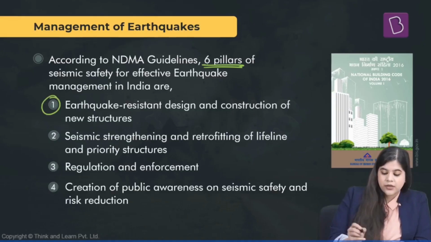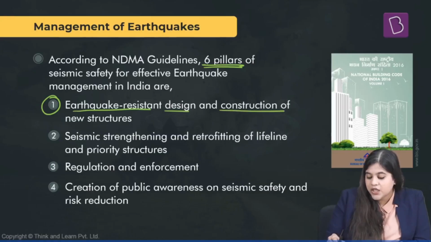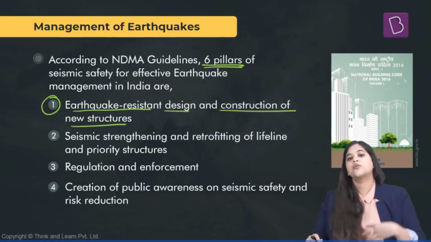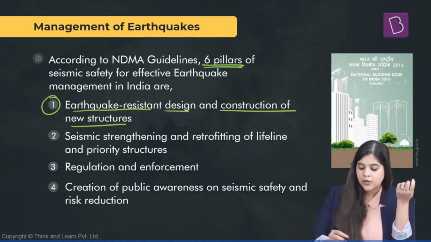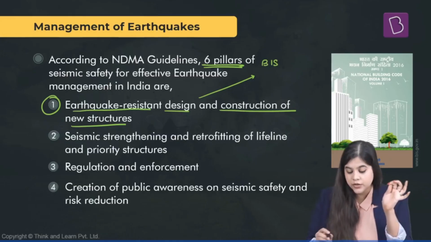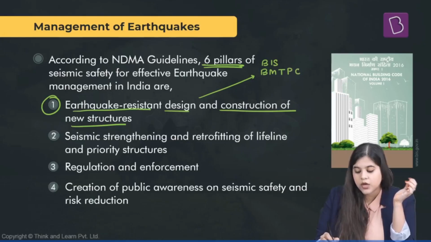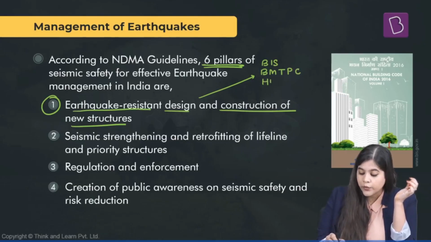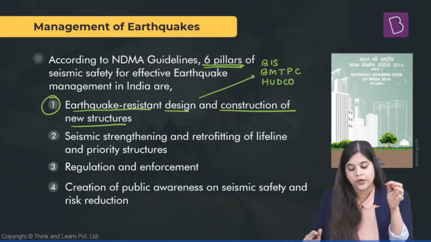The first pillar is having earthquake resistant design and construction of new structures which follow these earthquake resistant building codes. Now there are various codes that have been given by BIS, that is Bureau of Indian Standards, by Building Material and Technology Promotion Council and HUDCO, Housing and Urban Development Corporation.